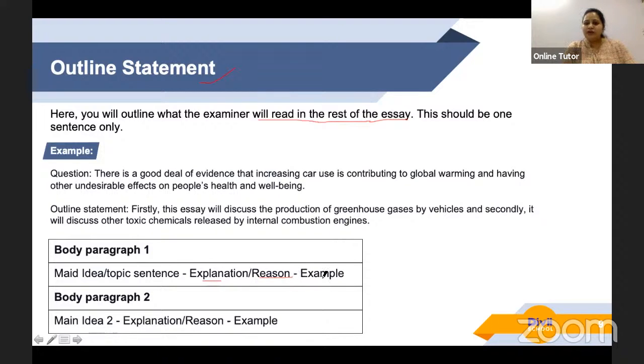This shall be further supported with examples. Similarly, for body paragraph 2, it will begin with the main idea 2, then the explanation, then reasons, and then examples. Examples are a very important part of IELTS writing, and examples could be anything from real life scenarios or anything that you've read or heard about.